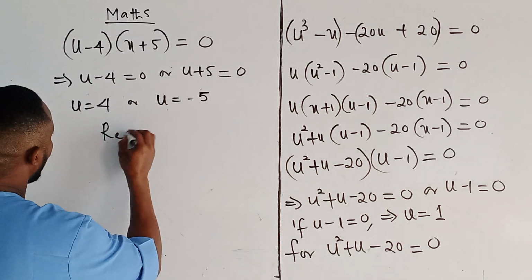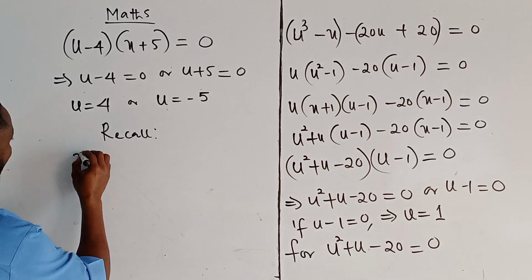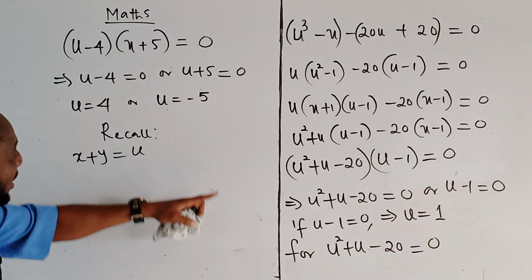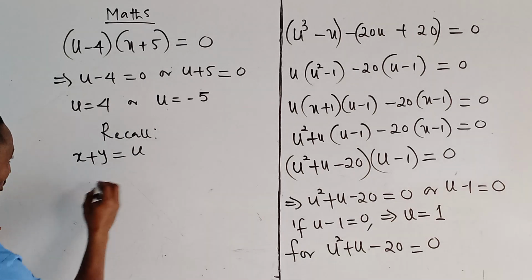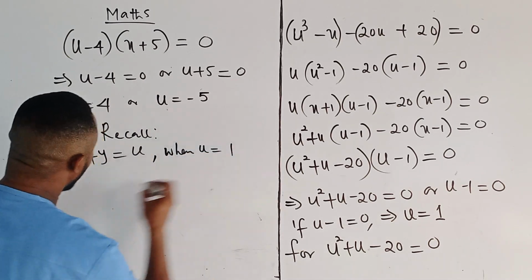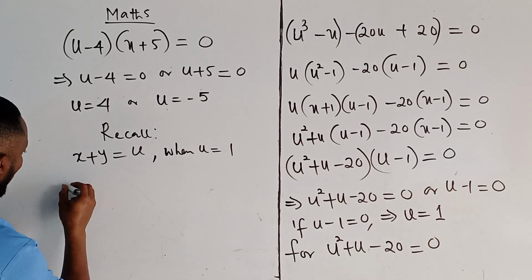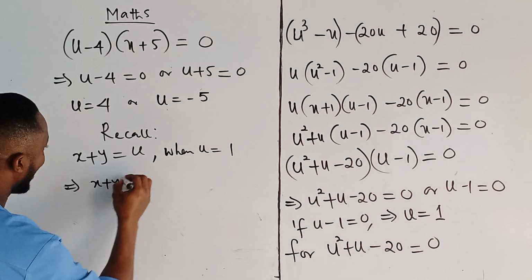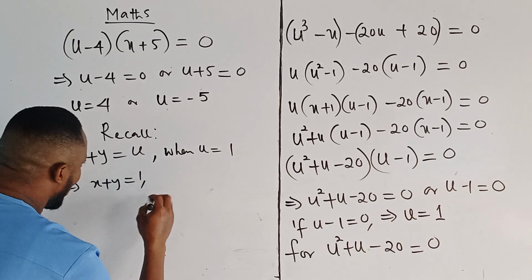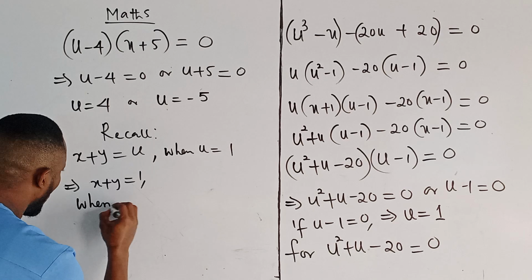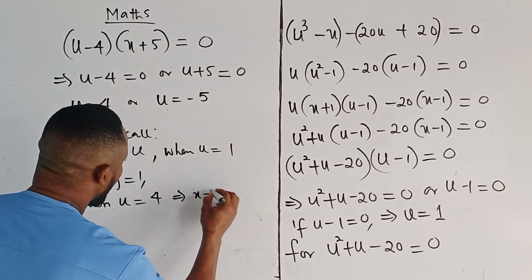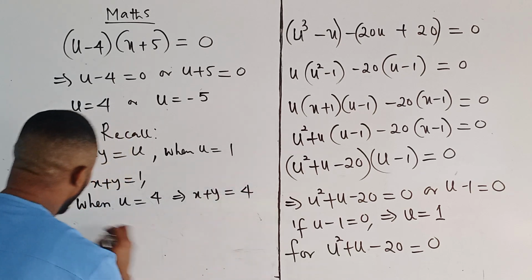So we recall that s plus y equal to u. So when u equal to 1, it implies that s plus y equal to 1 is the first solution. Let me write that when u equal to 4, it implies that s plus y equal to 4.